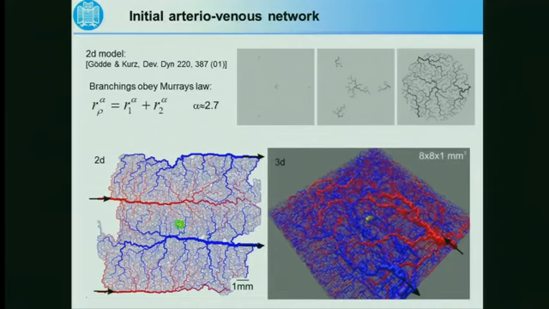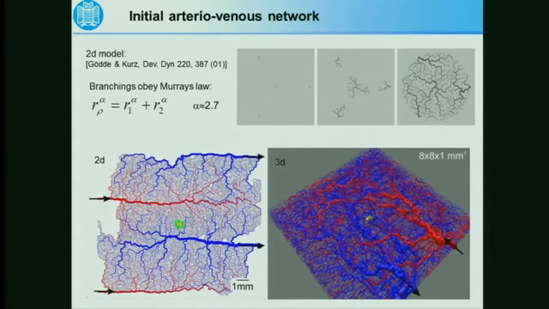So, in order to avoid these artifacts and to say something physiologically relevant, you have to have a hierarchically organized arteriovenous network. Since one cannot buy one, and the published data on arteriovenous networks in real tissue are usually held very closely, we just have to generate our own.